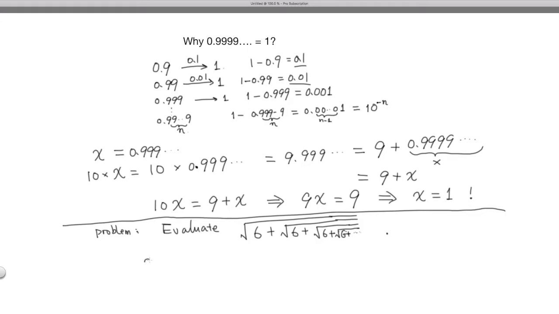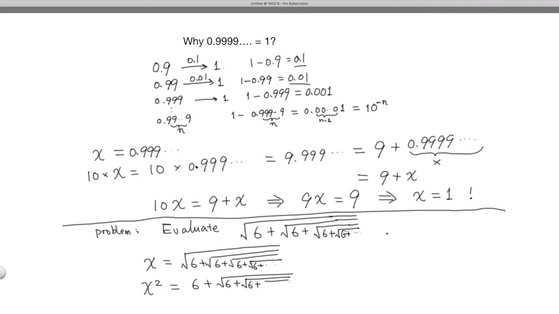Let's denote the value of that thing as x. So x equals the square root of 6 plus the square root of 6 plus the square root of 6 plus, and so on. Now I'm going to square both sides. x squared is going to equal 6 plus the square root of 6 plus the square root of 6 plus the square root of 6, and so on.